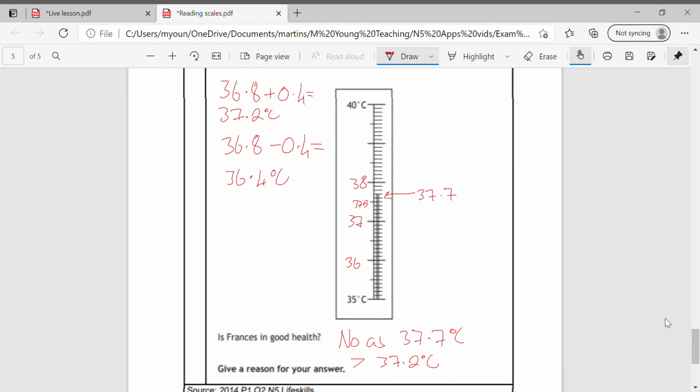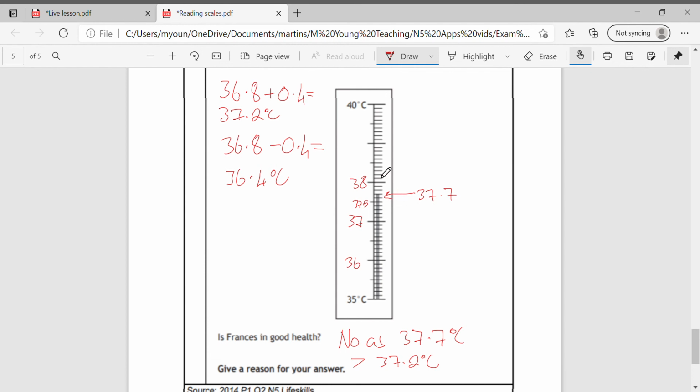So with our reading scales, the thing that's key is making sure you work out what each increment is, and you can basically start by finding roughly where you're going to be, and then getting more and more accurate as you go down. For that example, I looked at 35 and 40, closed in on the fact I was going to be between 37 and 38, and then closed in even further to get the actual value.